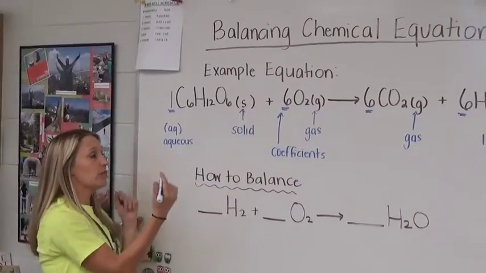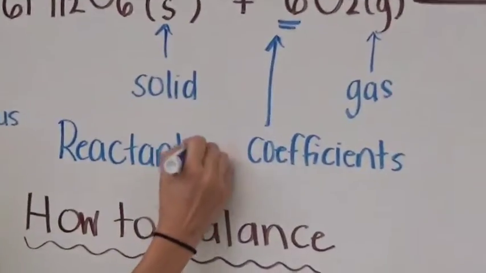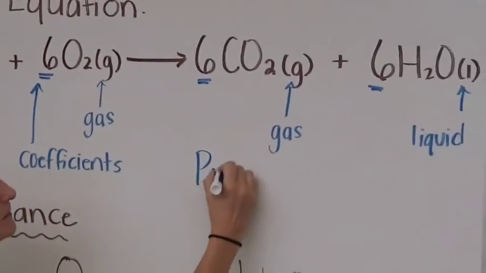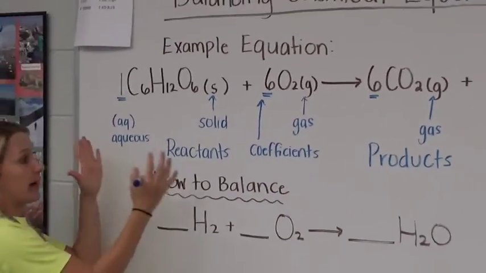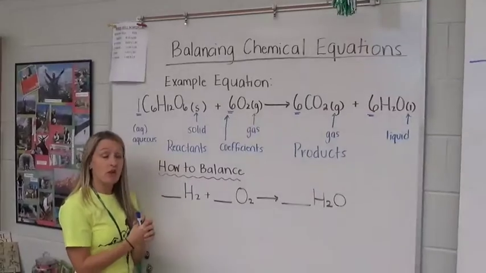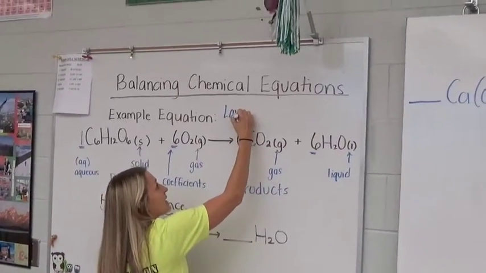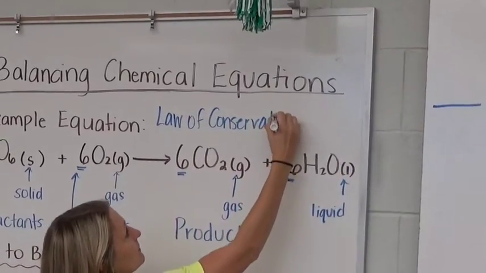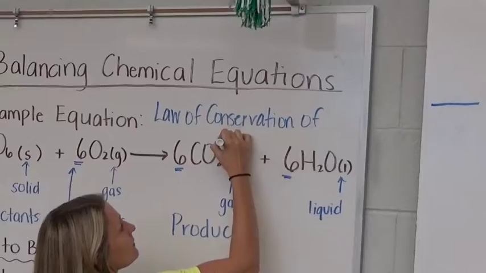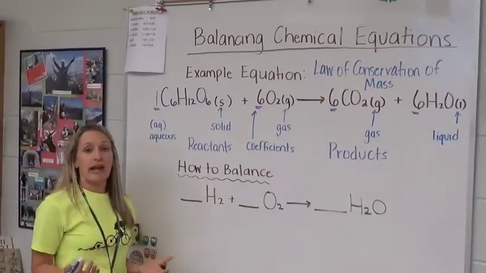And that's because everything on the left side, the reactants, and the products, you have to have an equal amount of the reactants and the products because of something called the law of conservation of mass. With the law of conservation of mass, we know that matter can't be created or destroyed.